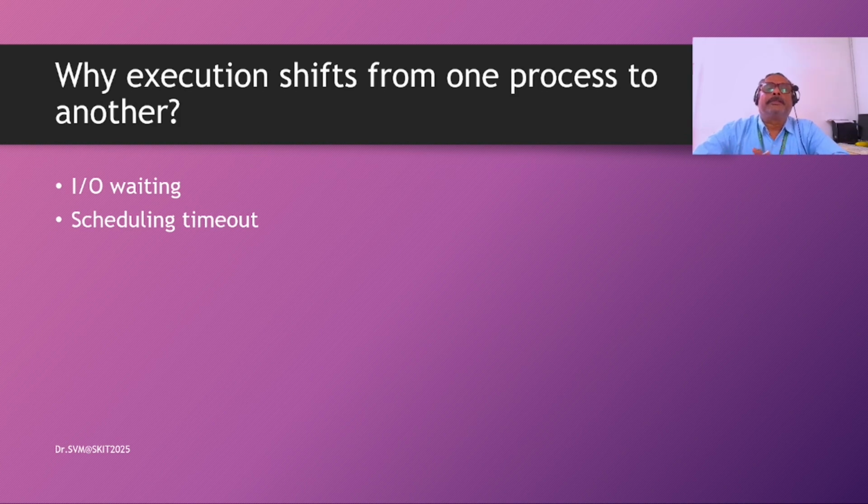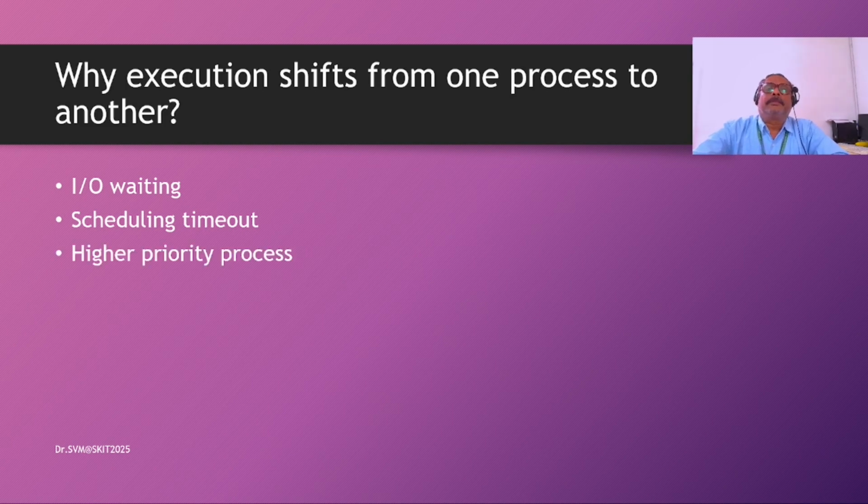So when a process times out, it is stopped, and that process is changed from running to ready state and put onto the ready queue. Then the other one, which is supposed to execute next, is taken from the ready queue, and its state is changed from ready to running, and it starts using the CPU.